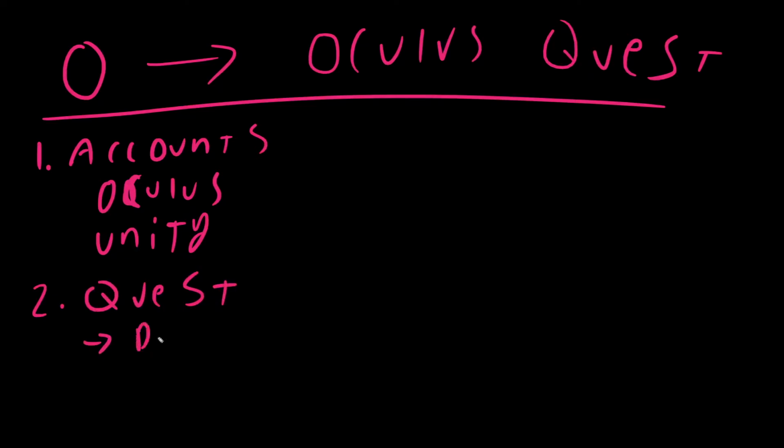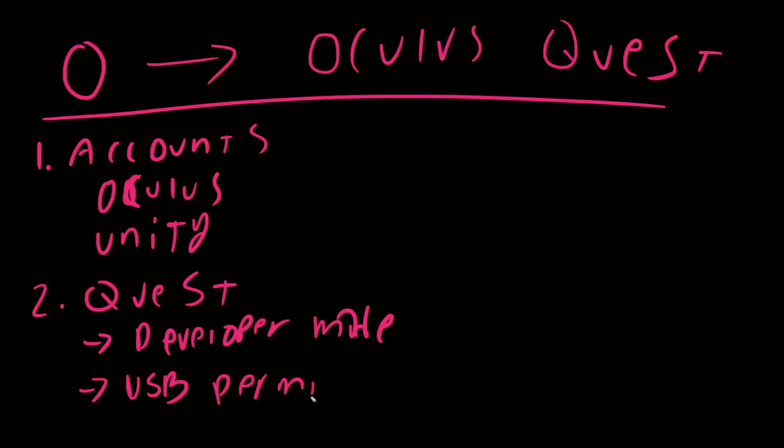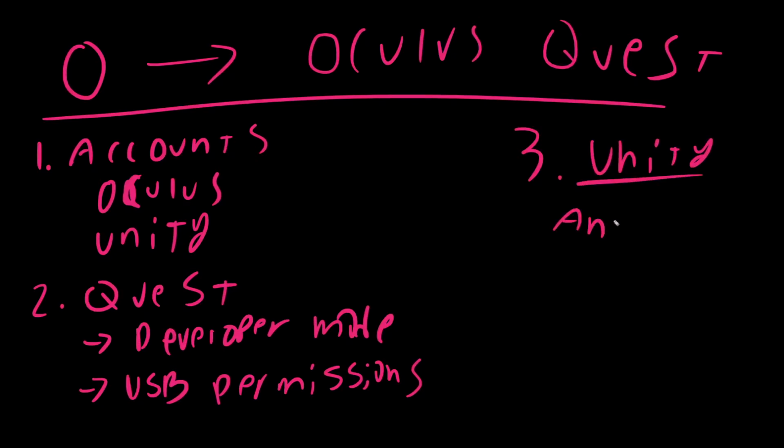It needs to be in developer mode, and it needs to have USB debugging permissions. Lastly, we need to make sure Unity is installed correctly and that it can build for Android.